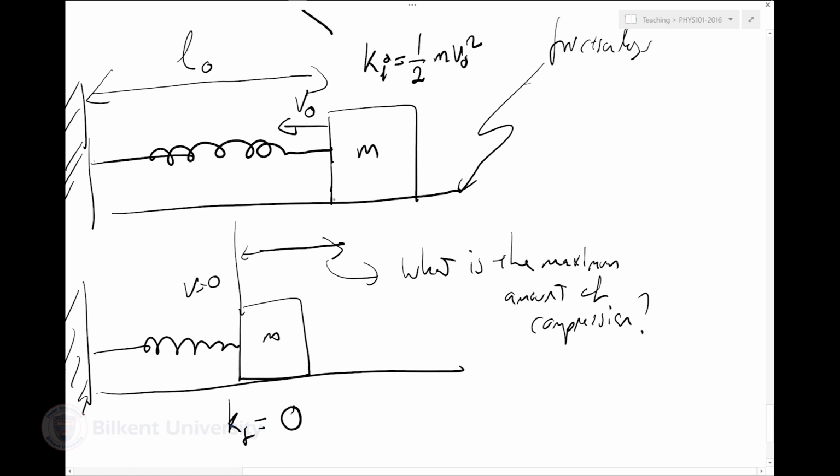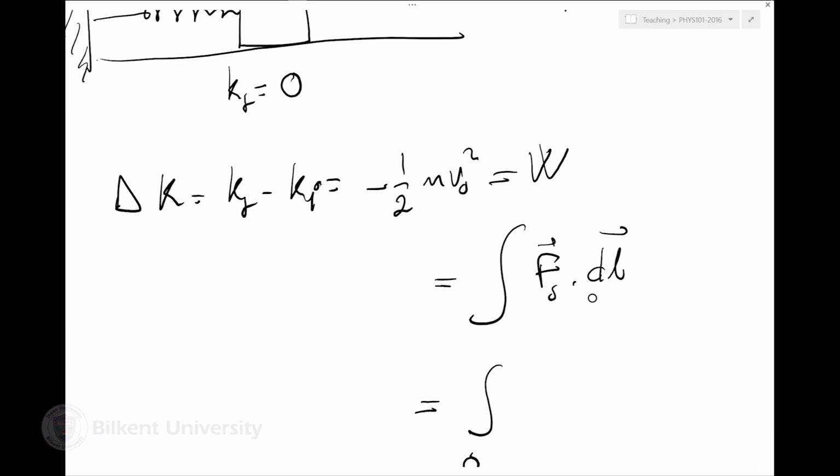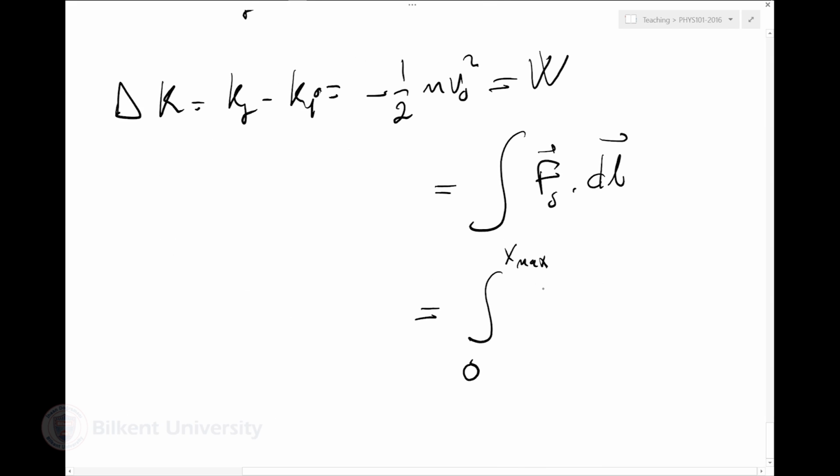I will put my axis 0 to be here and call this the x-axis. So this is going to be from 0 to maximum compression. Let me call this x max. What's the spring's force? It was minus k times x times dx.